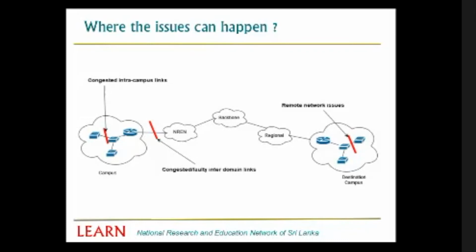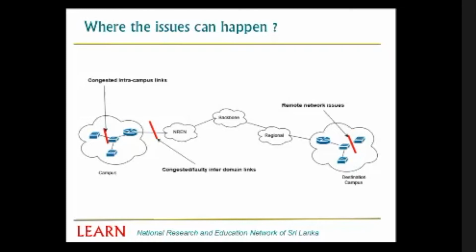So likewise, you have to pass through many types of networks. So the faults can be anywhere, like in this picture. It can be within your network, it can be in the destination network, it can be a fault in your router, your switch, or the destination router or switch. Due to these reasons, you will not get the throughput you expect.